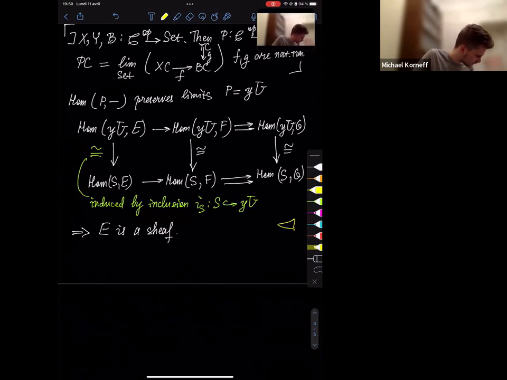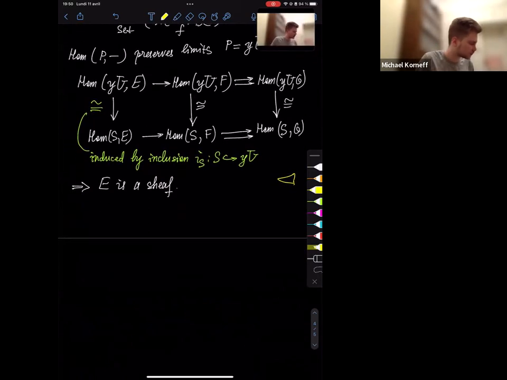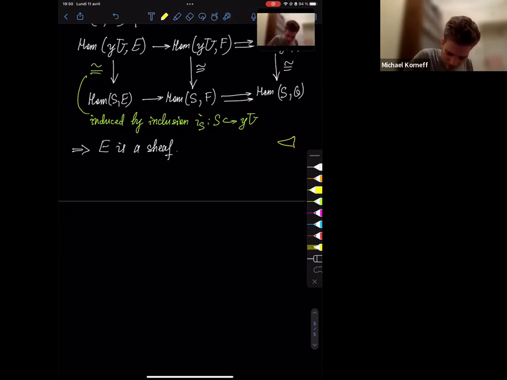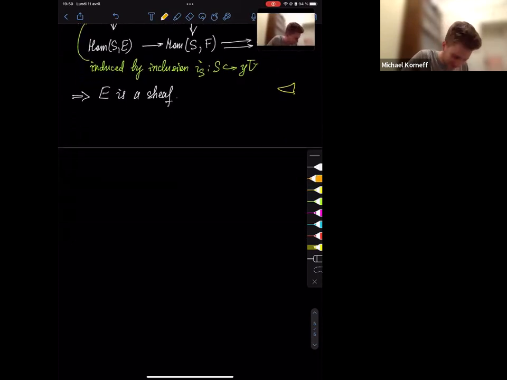Now I want to prove that we can think about the set of open sets on a topological space X as a partially ordered set. I'll write now what I mean.